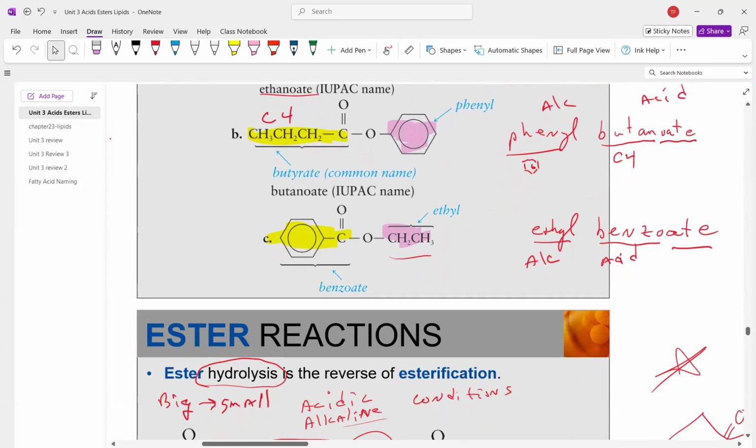This one here is also an aromatic ester, but the acid base starts from benzoic acid. So that means it's going to be a benzoate. Because it's a two carbon alcohol start, it's called ethyl benzoate.